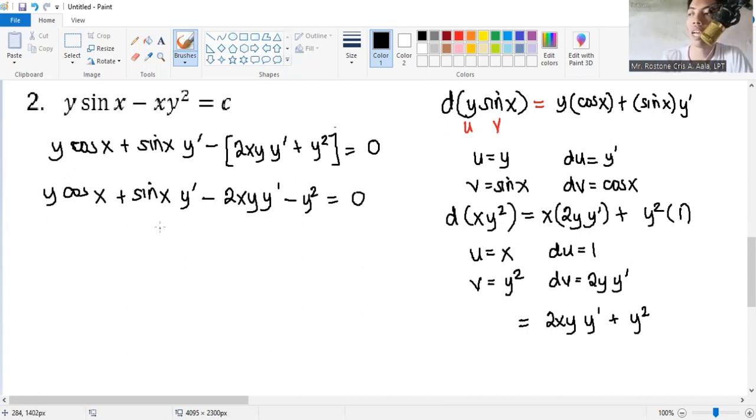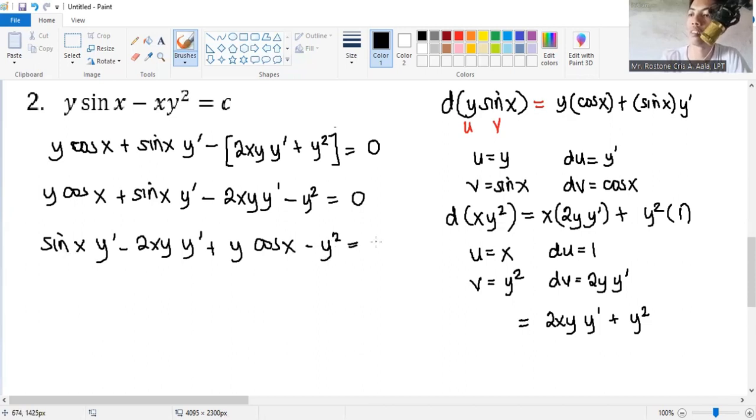So unahin natin yung may y prime. So ang may y prime natin is yung sin x y prime tsaka negative 2xy y prime. So ibubukod natin yon. So we have sin x y prime minus 2xy y prime. Then ibubukod din natin yung y cosine x at saka negative y squared. We have plus y cosine x then minus y squared equals 0.